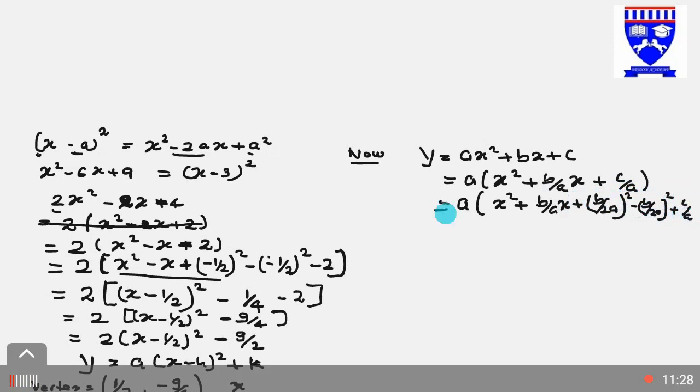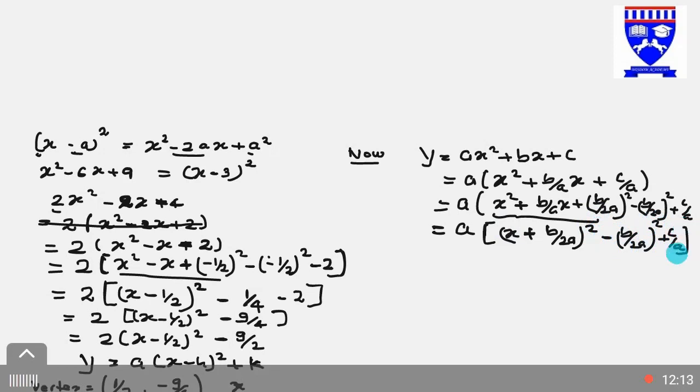Okay, c over a. I will write it again. Now I am going to rewrite, so the whole thing is a, open a bracket: x plus b over 2a, squared, since the coefficient of x is positive, minus b over 2a squared, plus c over a. I close the bracket.